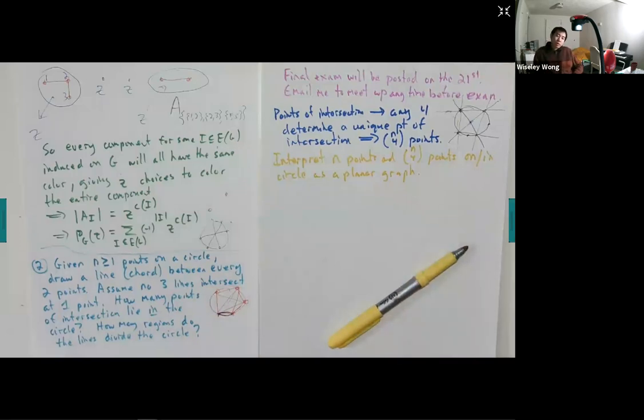If I apply Euler's identity here to count the number of faces, which is the number of regions, at the end I will have to subtract out 1 for the portion outside.